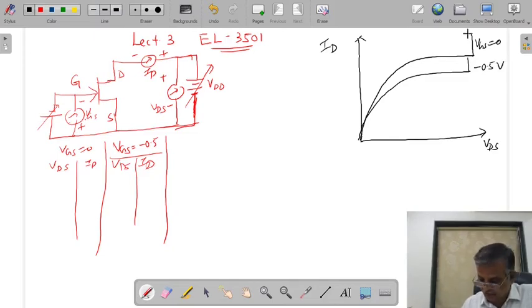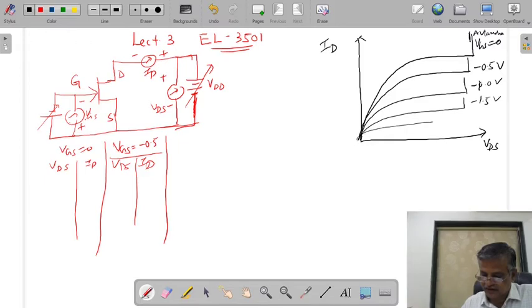This is called the avalanche effect. Then this is for minus 1 voltage, this is your minus 1.5 volt, and so on.